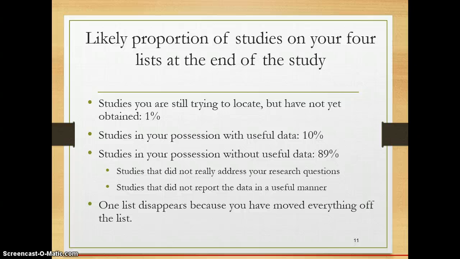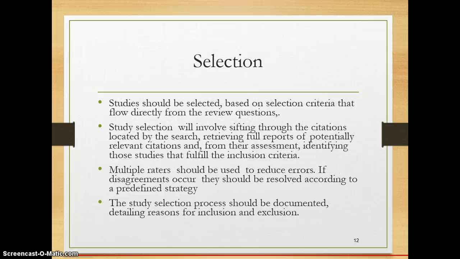So for example, if you identify 1,000 potential studies in your systematic search, perhaps only 100 of them are actually useful. So that is certainly not uncommon at all. Thus you'll have perhaps another 89% hypothetically that you identified, you obtained, but they're not useful data there. And then ultimately one list disappears because you've moved everything into the other 3 categories.